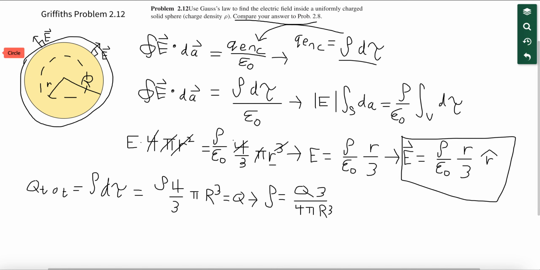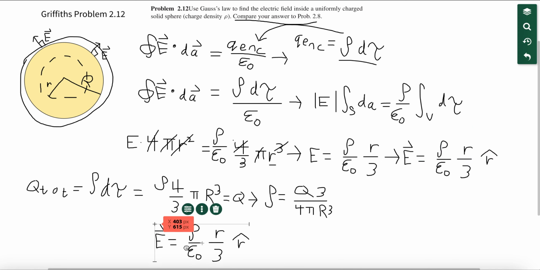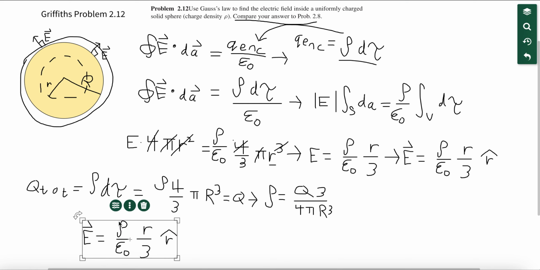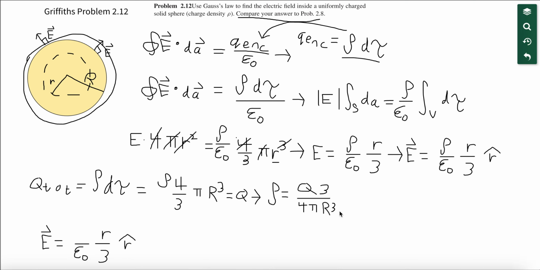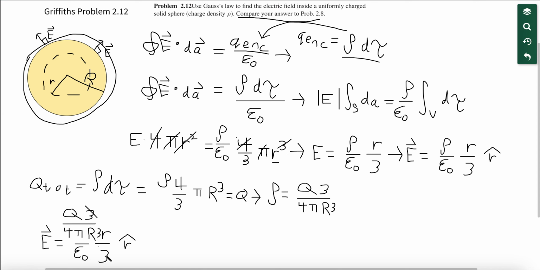And so now we have this. What we can do is we can get our little equation right here. We can copy it over. And instead of having the rho here, we can plug in rho. So we're just going to drag this over here. Plop it down right there. I'm going to do a little bit of algebra, which is just canceling out the 3's right there and there.